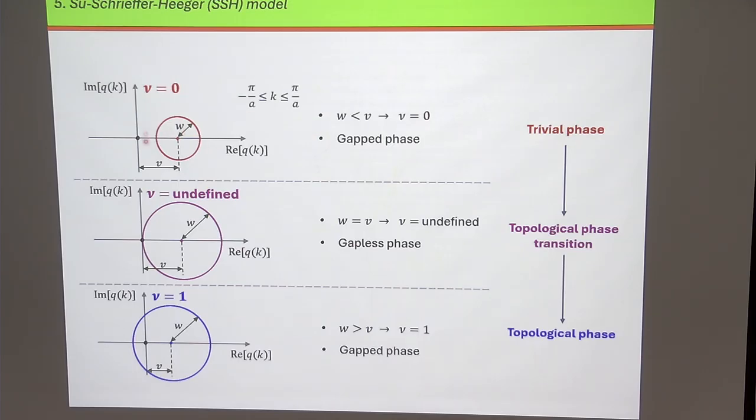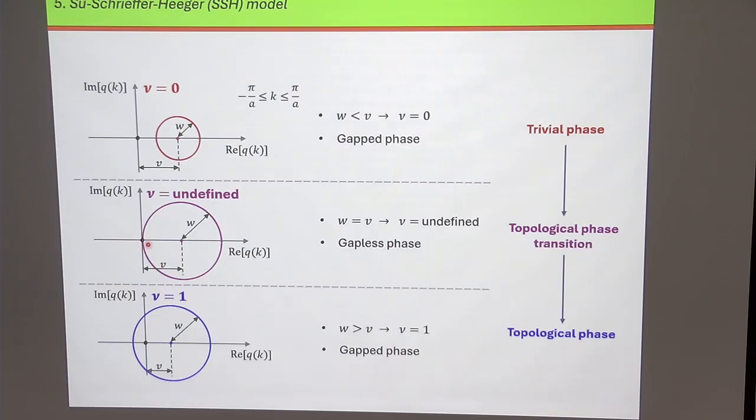Anyway, you see in that case nu is equal to 0, so you have a gapped phase, trivial in that case. But if you increase W, at some point when your radius W is equal to V, then you cross this point. You cross Q equals 0, meaning you are crossing the gap.